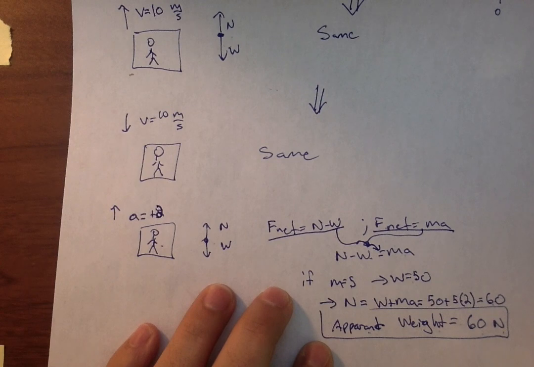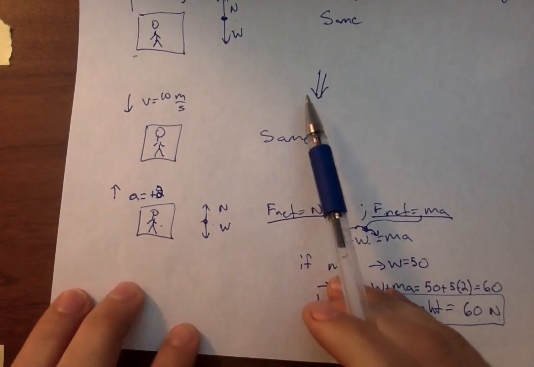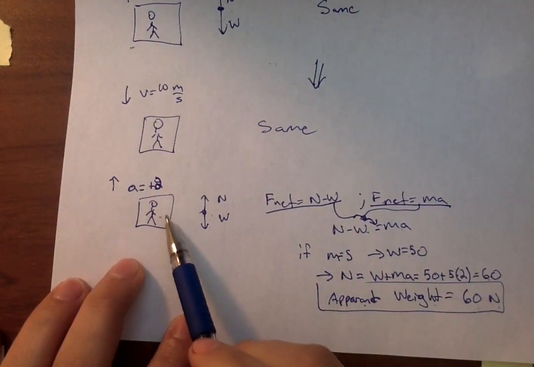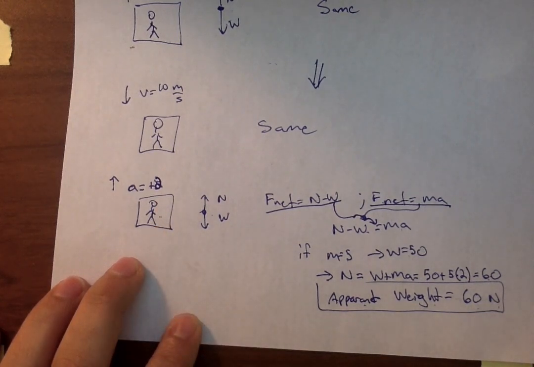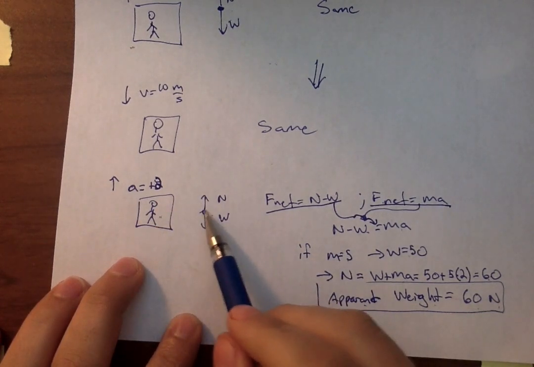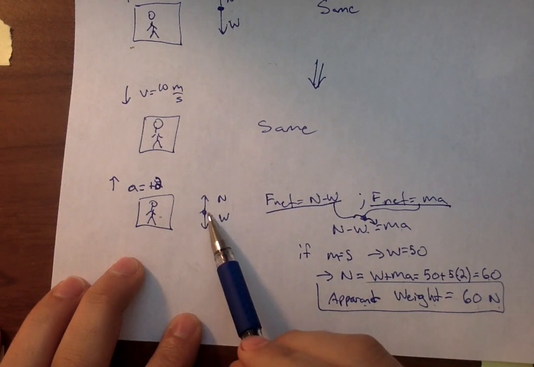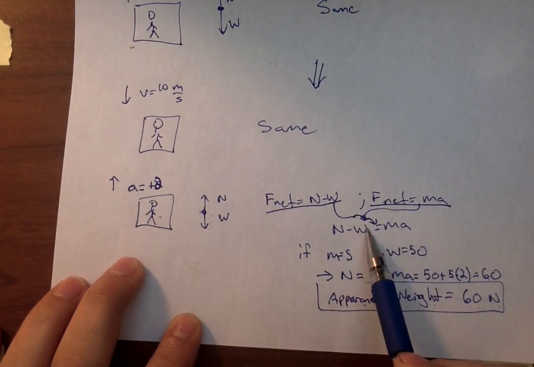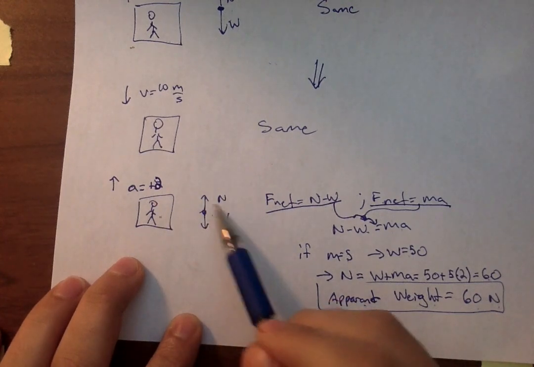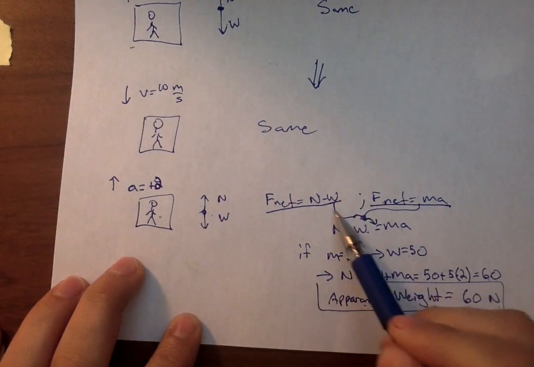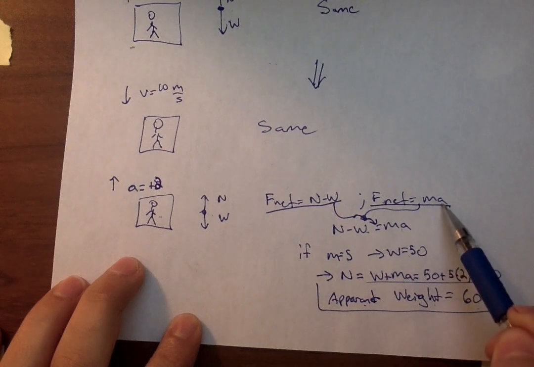Your apparent weight is only going to change when you're accelerating. So if we accelerate up, you might have an intuitive understanding that your apparent weight increases. You feel heavier when you accelerate up. We see this through the application of the free body diagram to Newton's second law. But again, I want you to notice, even when you're accelerating, the free body diagram is exactly the same. The only thing that changes here is now we have a non-zero acceleration.